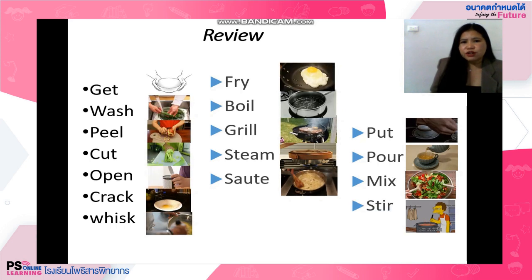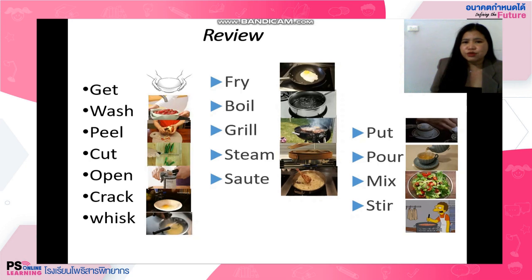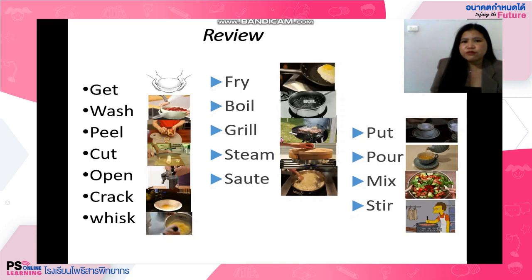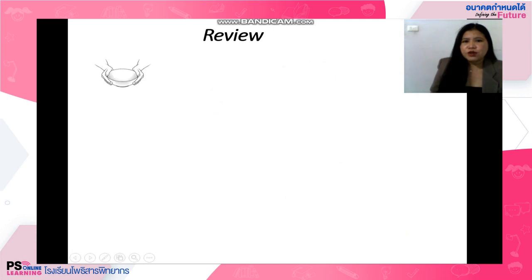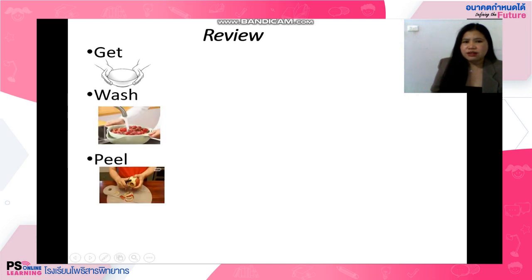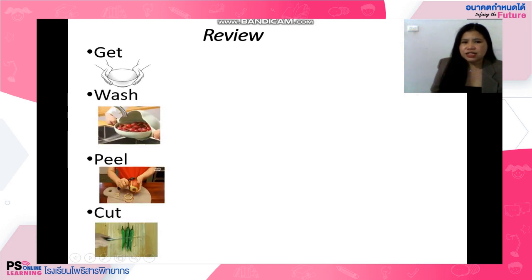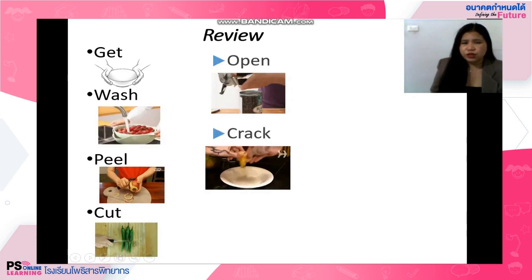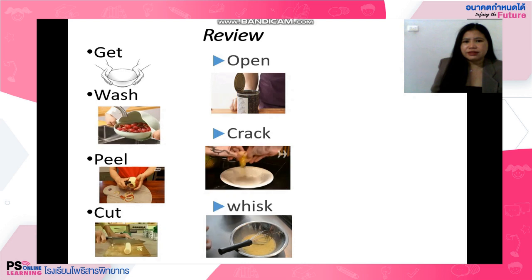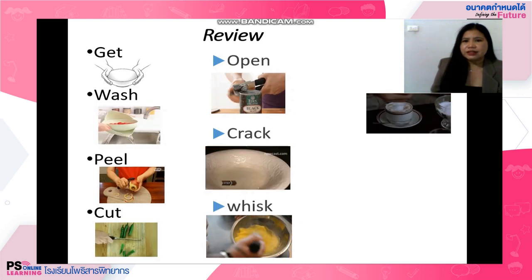Okay, but since you already know the ways on how to cook food, I will remove those five because you remember them already. We are going to only use these words. Okay, this is get, wash, peel, cut, open and turn on, okay? And then crack, and then whisk.